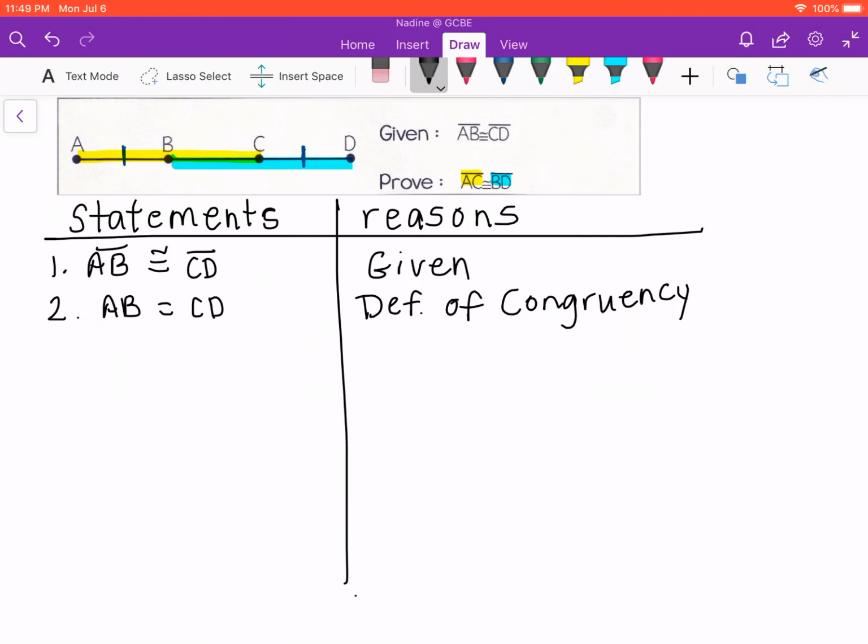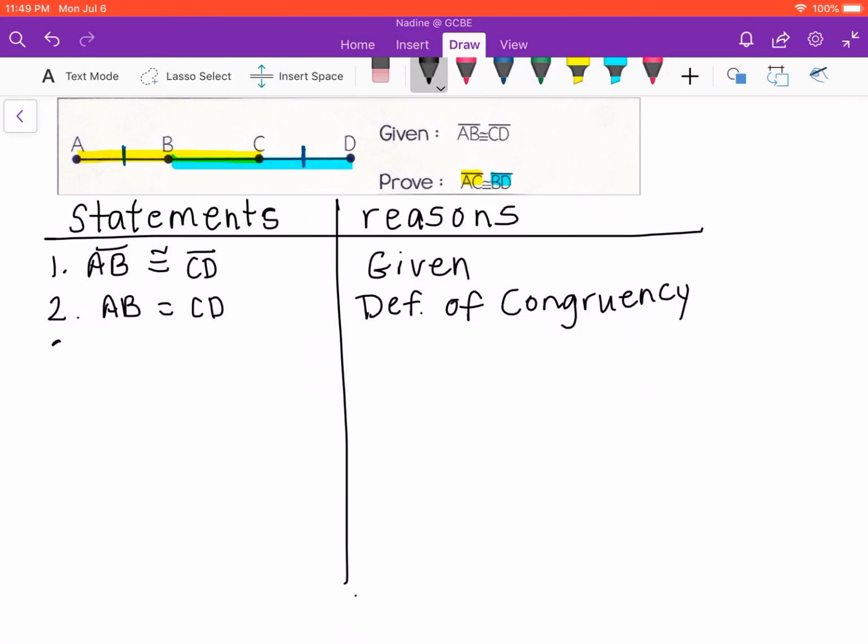Looking at this now, I don't have a whole lot to go off of based on the statements themselves. But I can look back up at the diagram, and I'm looking at segment AC, the yellow highlighted area, and I see that AC is made up of segment AB and BC. My brain is automatically thinking segment addition postulate.